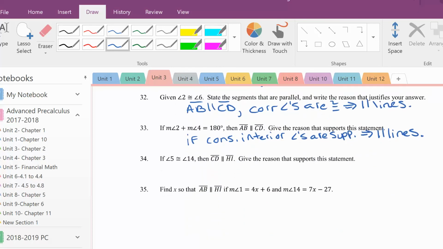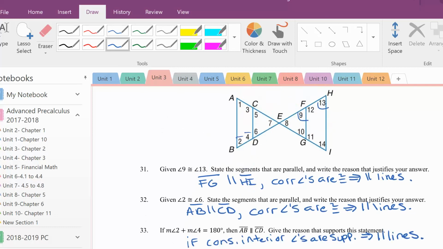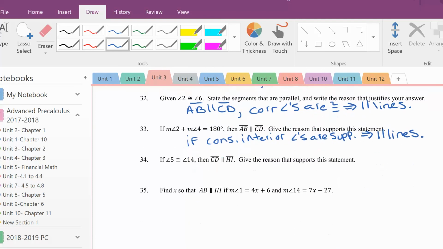If 5 is congruent to 14, then CD is parallel to HI. So here's 5, and here's 14. We'll notice they're alternate interior angles. So if alternate interior angles are congruent, that implies parallel lines.